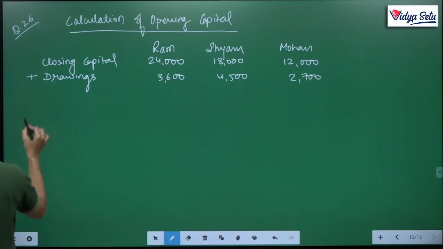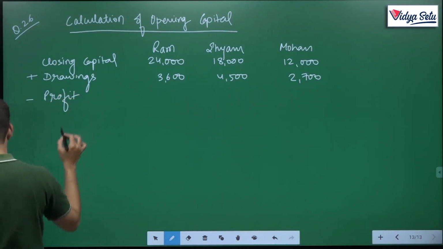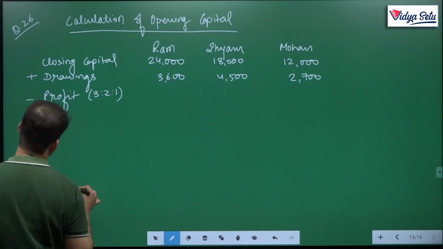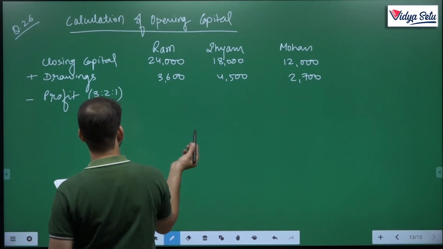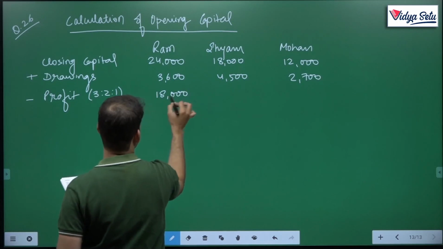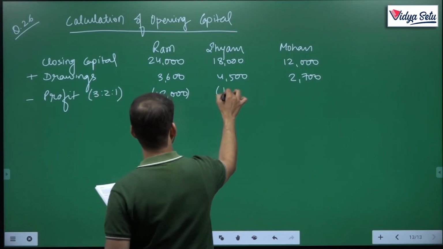And we will reduce the profit which we gave to them. We will take it back for the time being in the ratio of 3:2:1, which is their profit sharing ratio. So, profit comes to 36,000. 3:2:1 is 18,000, 12,000 and 6,000, which we show with a bracket sign as minus.